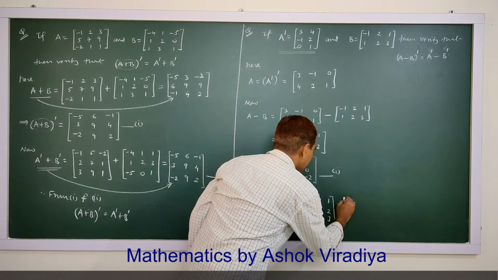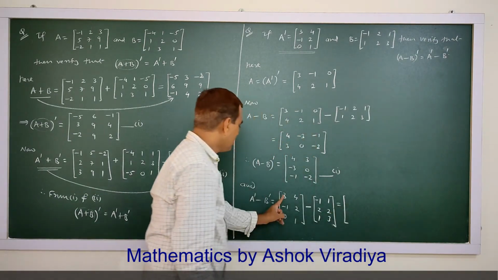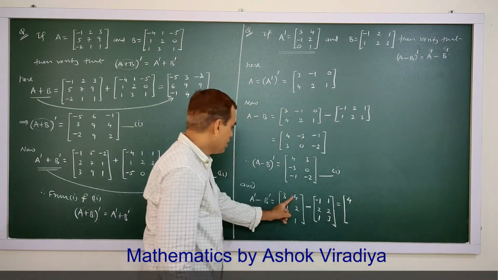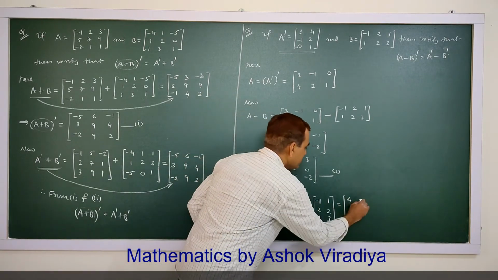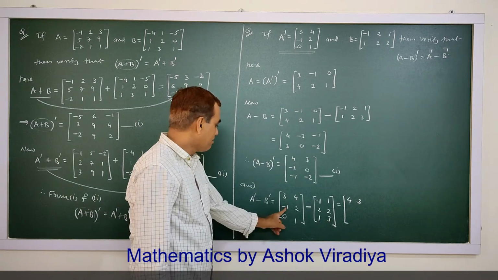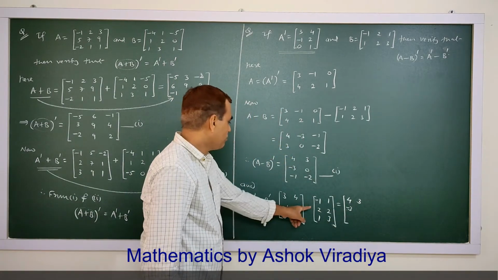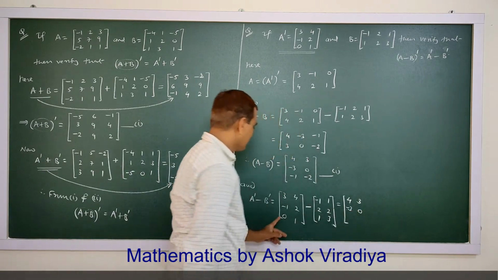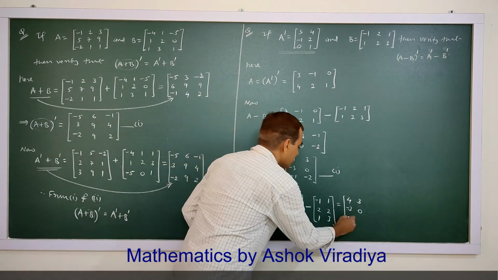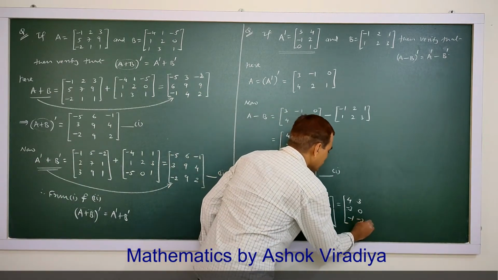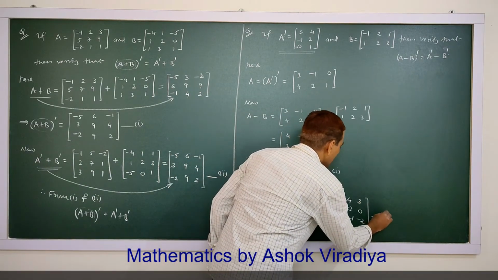Taking the difference, 3 minus minus 1 is 4. 4 minus 1 is 3. Minus 1 minus 2 is minus 3. 2 minus 2 is 0. 0 minus 1 is minus 1. 1 minus 3 is minus 2.